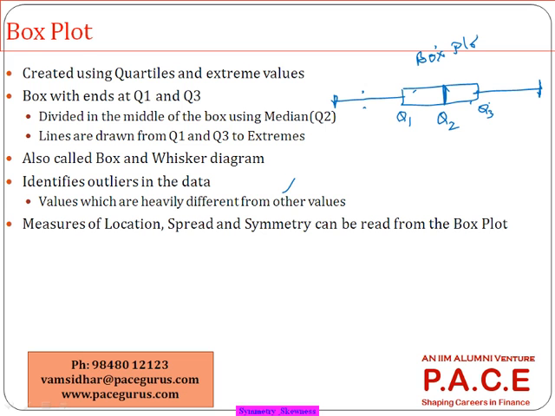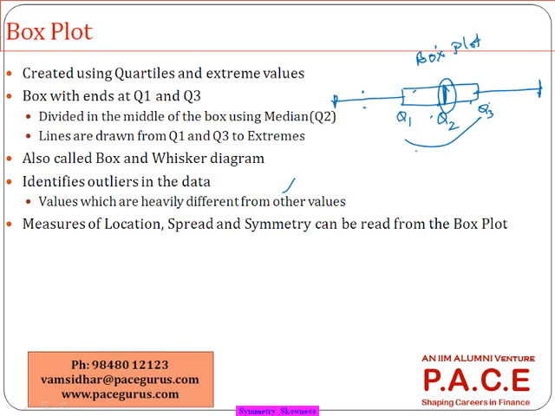And here what we can simply see is, the median is a measure of central tendency. The interquartile range is a measure of dispersion, and I can very well see whether the tails are equally distributed to both sides, or there is a big tail on the left or a big tail on the right.